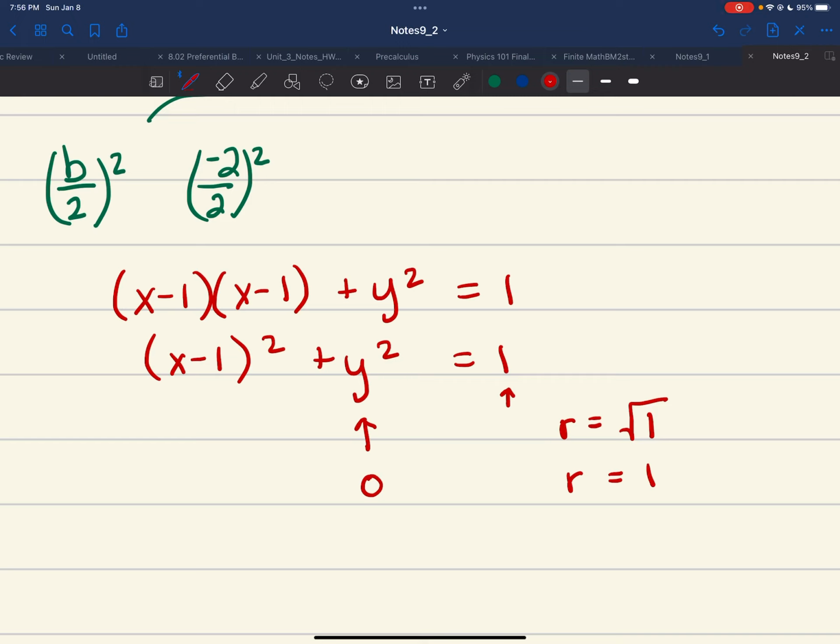On this one, because I have a minus 1, that means that I have plus 1 for my center. So this is where the center of my circle is located. So 1, 0 is my center, and it has a radius of 1.